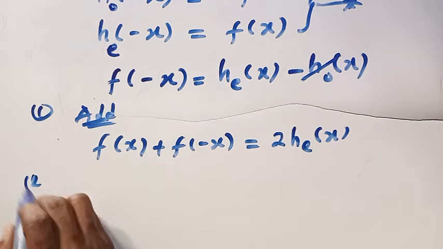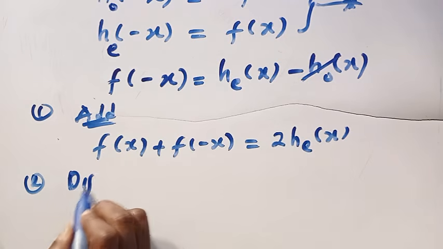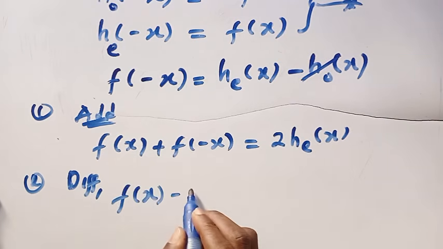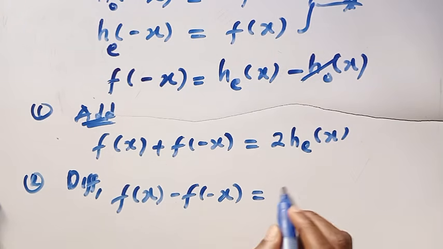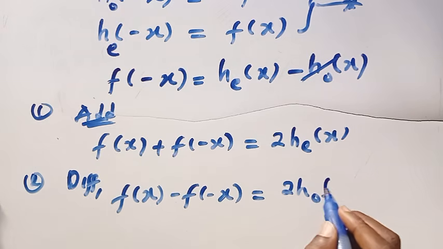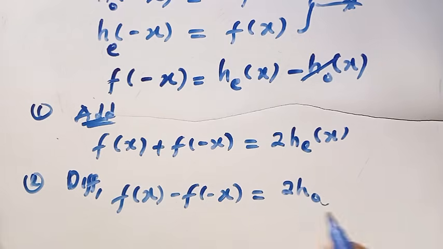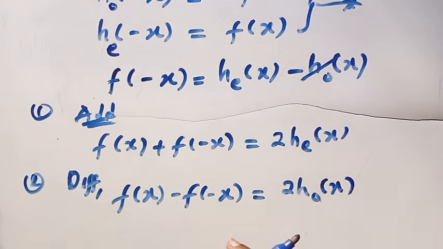And when we take the difference of both sides, that is subtracting, we have f(x) minus f(-x), which gives us 2h_o(x).